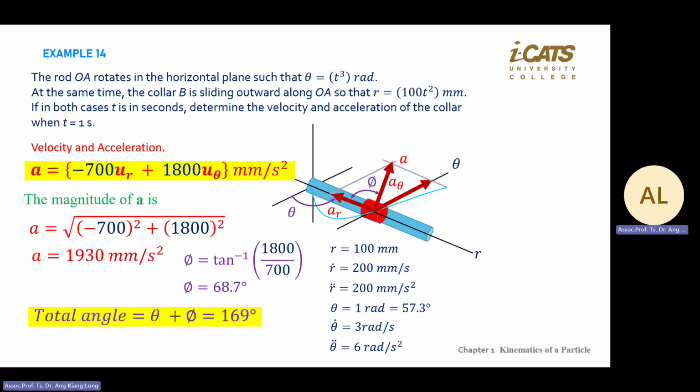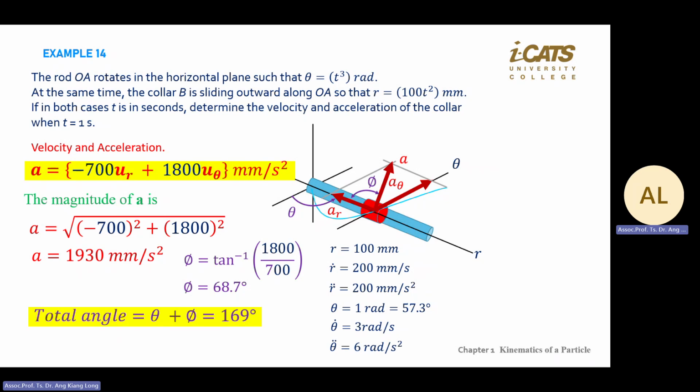And then we move to curvilinear motion, where you have two axes, tangent and normal.